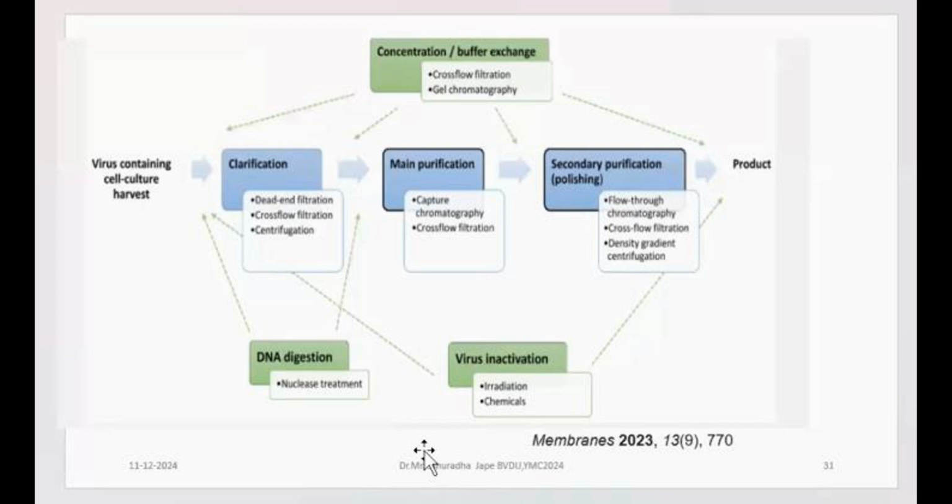Of course, for every analyte you are going to have a specific ligand that is to be attached, and based on that you are going to have variations in the support matrices. For example, in immunoaffinity chromatography, you use affinity columns where antibodies or related agents are immobilized onto the support matrix.